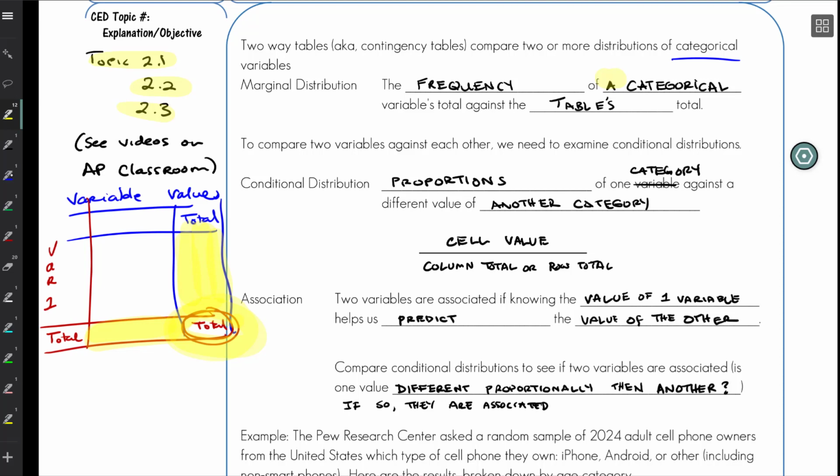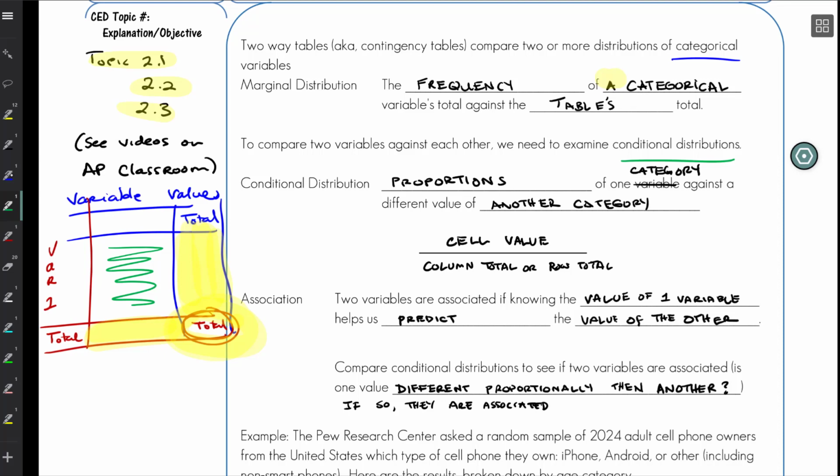Now, if we want to compare two variables against each other, we need to examine conditional distributions. Conditional distributions are the things that are made up inside of here. They look at each individual cell. Specifically, a conditional distribution is the proportions of one category against different values of another category.